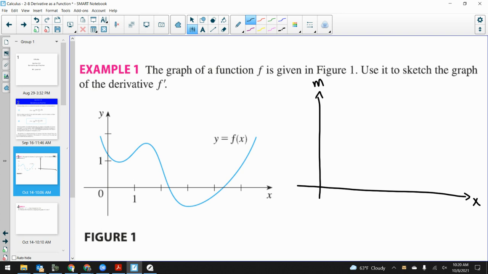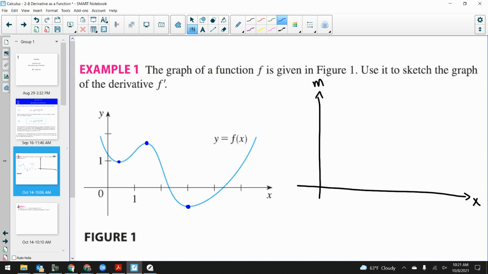So let's take a look at this function and see if we can pick out certain pieces where I can define the slope. Like, for example, take a look at some critical points of this graph. That's a term that you're going to hear me say a lot. Take a look at some critical points of the graph. Think about the slope of the tangent line at any one of those points that I just put on there.